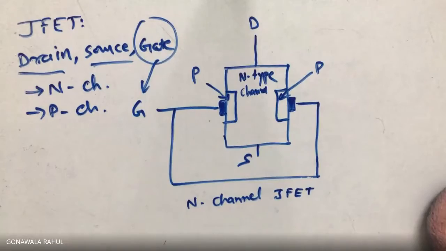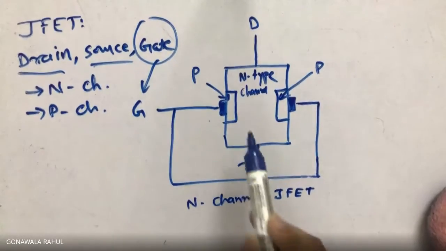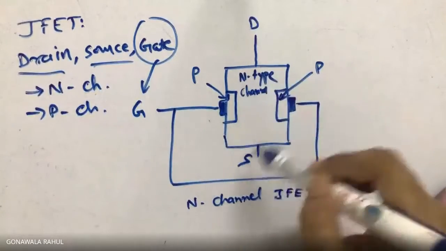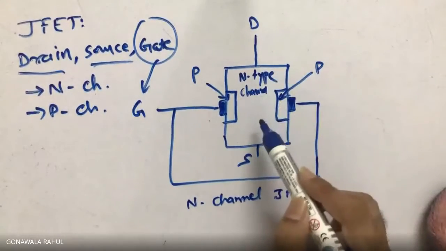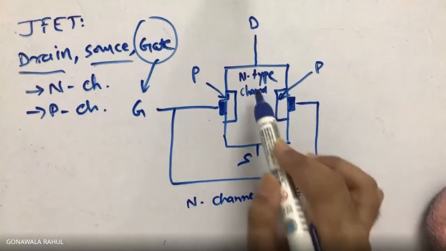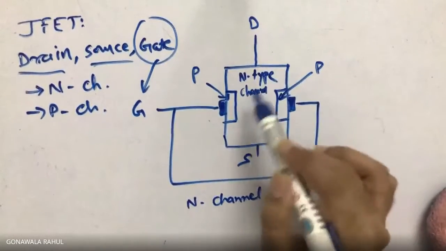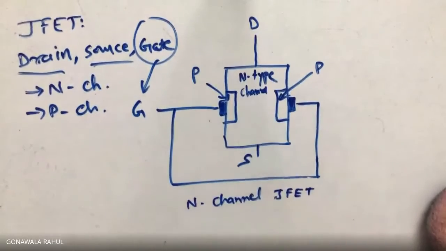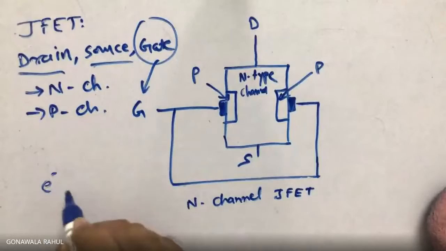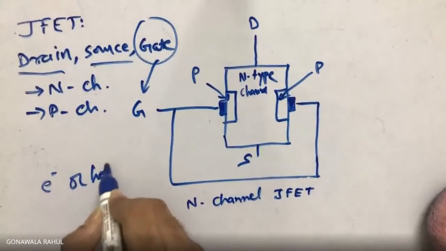So that is the drain and source operation. Whenever a voltage is applied across drain and source, current flows through the N channel, and the current consists of only one type of carrier. See, a carrier may be an electron or a hole.